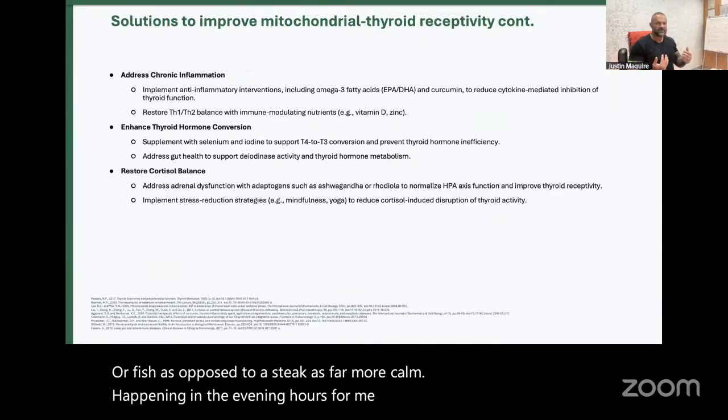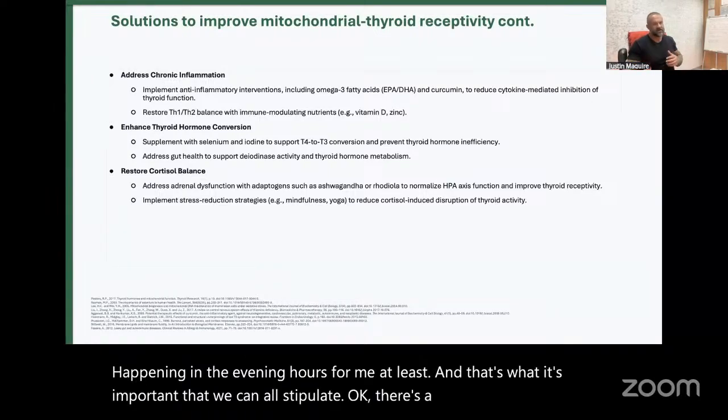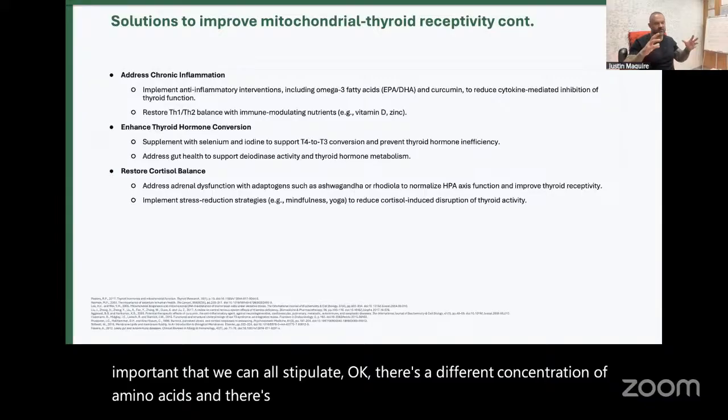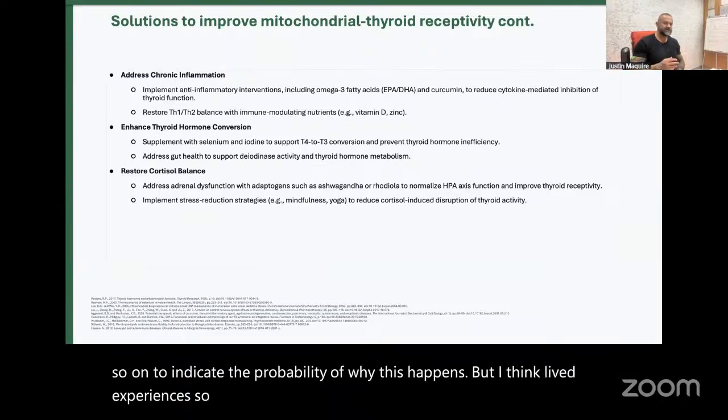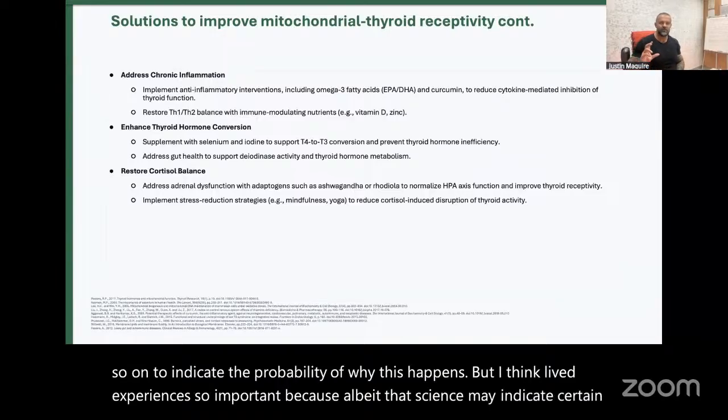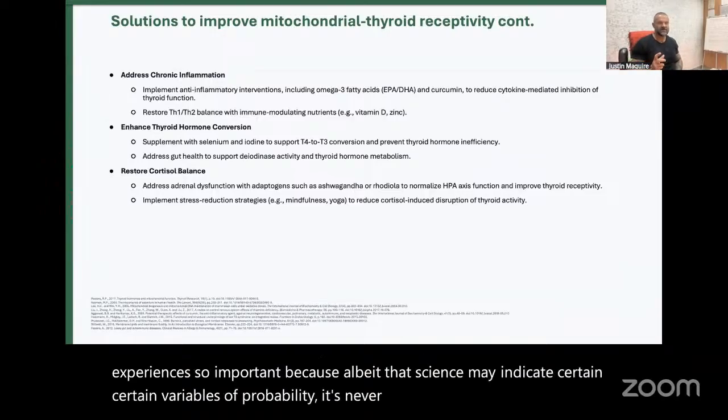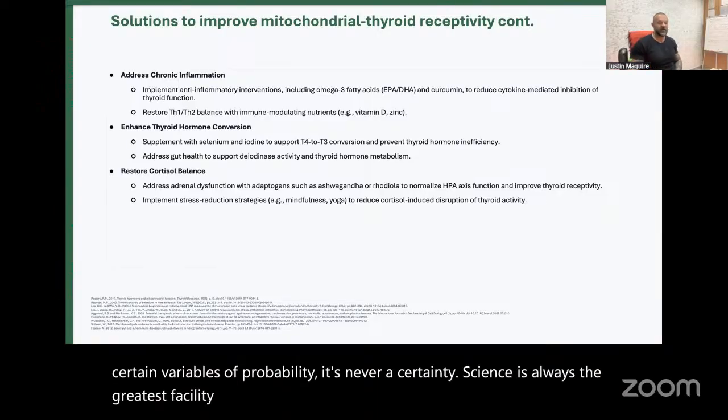And it's important that we can all stipulate, okay, there's a different concentration of amino acids and there's a different concentration of minerals, and so on, to indicate the probability of why this happens. But I think lived experience is so important because, albeit that science may indicate certain variables of probability, it's never a certainty. Science is always the greatest verisimilitude of outcome, not the certainty of outcome.